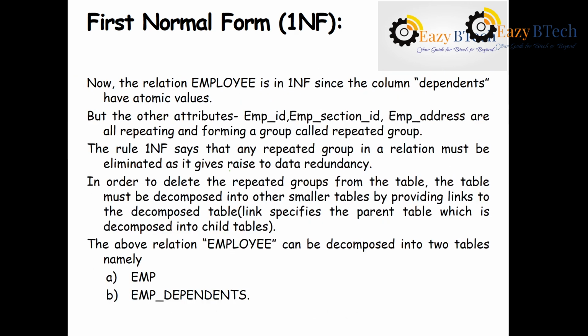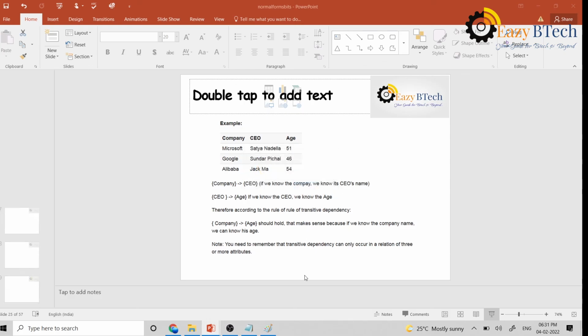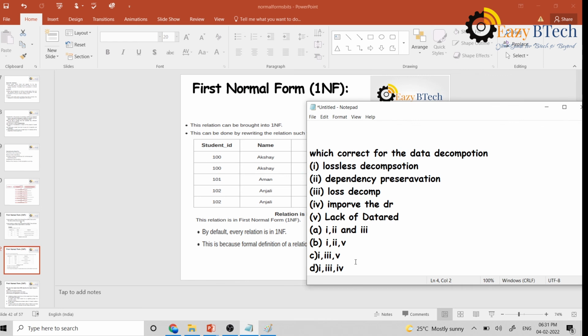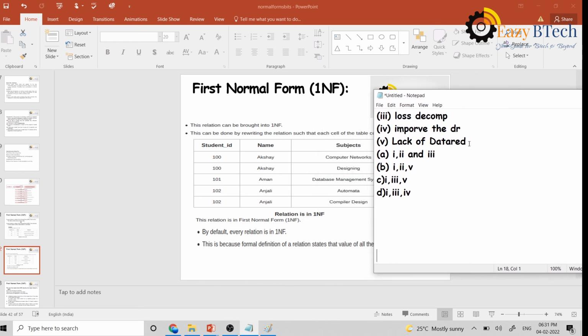Suppose we divide into 2 tables, student ID and, okay, that slide is missing. Whatever it was, now I will explain this particular table. We divide it into 2 formats. In the examination, they ask like that only. This is a relationship.